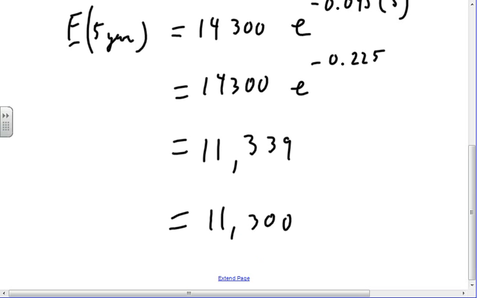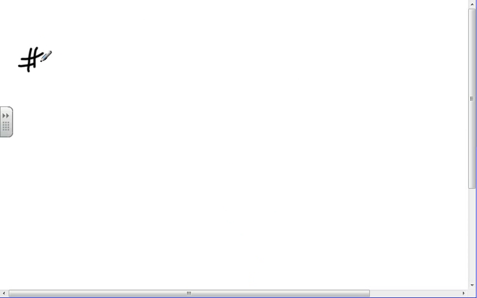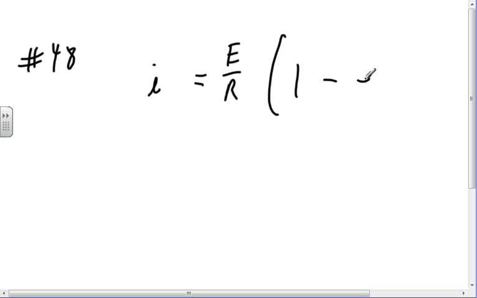48. In every single DC circuit in the entire world, I is going to be equal to E over R times 1 minus e to the minus RT over L, where I is in amps, E is in volts, R is in ohms, T is in seconds, and inductance is in Henry.